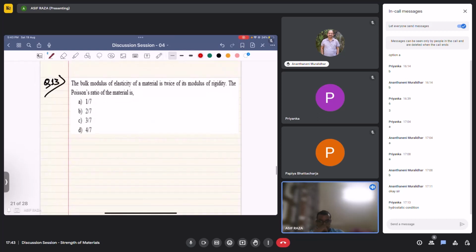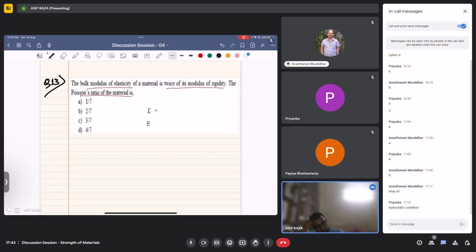The bulk modulus of elasticity of a material is twice its modulus of rigidity. The Poisson's ratio of the material is. So, I'll give you guys a bit of time, let me know what would be the answer, because you guys can do this quite easily. Just to give you a hint, earlier we discussed two formulas, right?